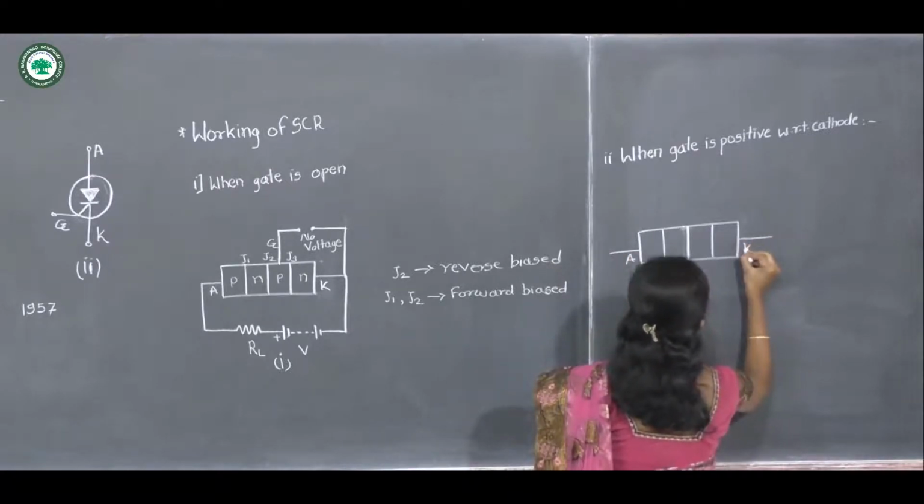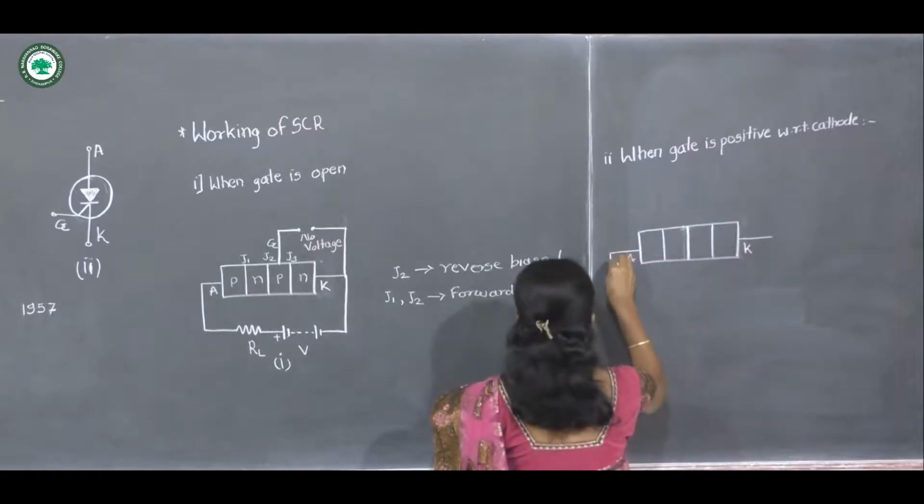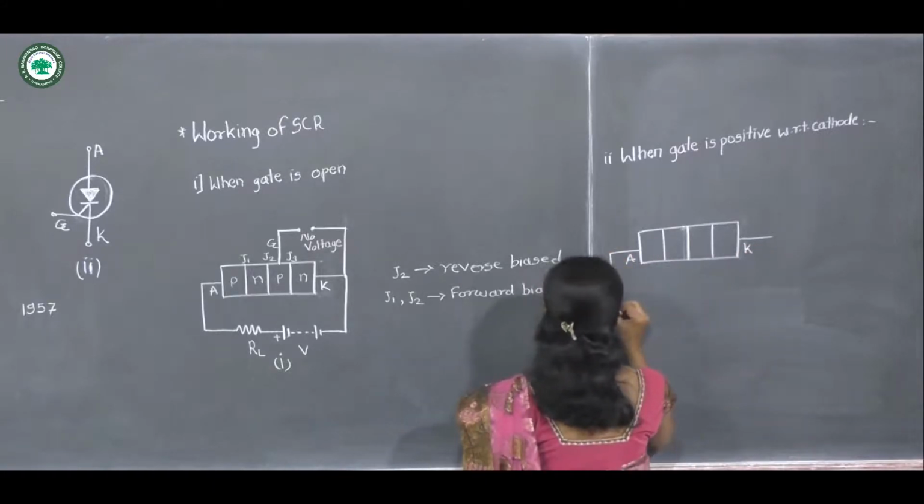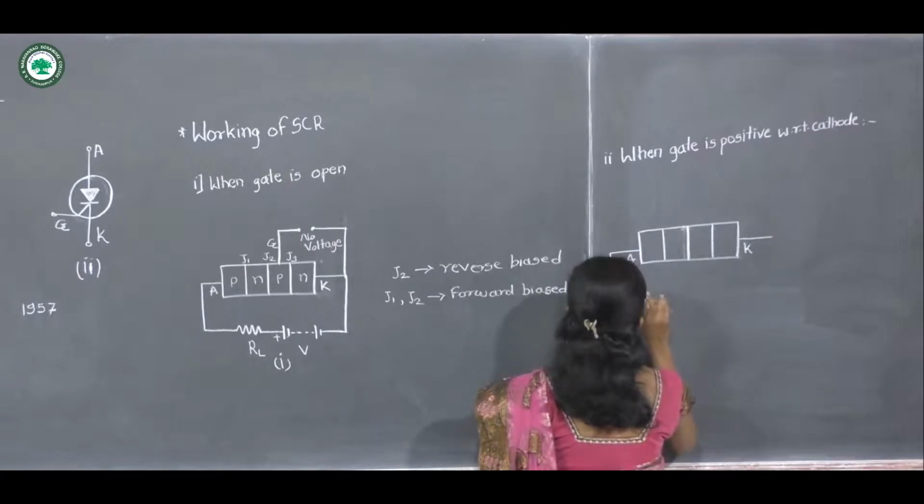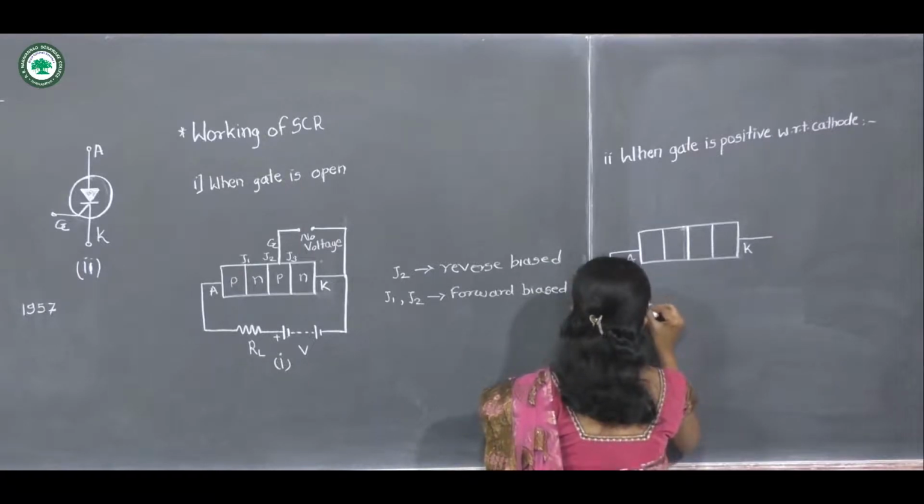So in this case also, a load resistor is applied across the anode and cathode.